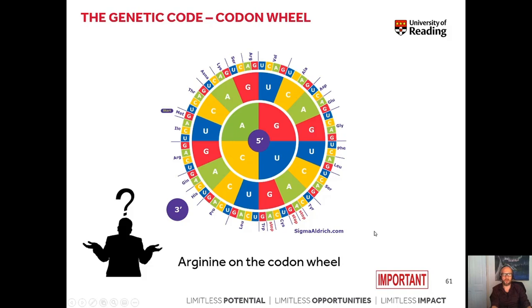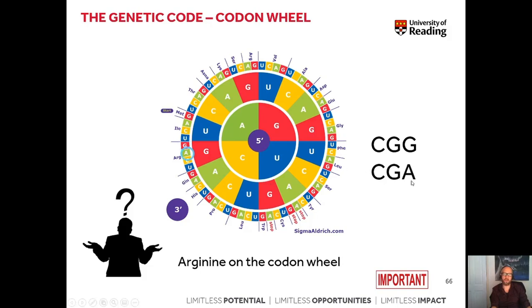So what we have to do now is basically to start at the 5' end. We need to find the arginine. Arginine is obviously here. And again, we need to start at the 5' end. And the first letter is C. The second letter is going to be a G, followed by 4 different possible combinations. So the first possible codon is going to be CGG.